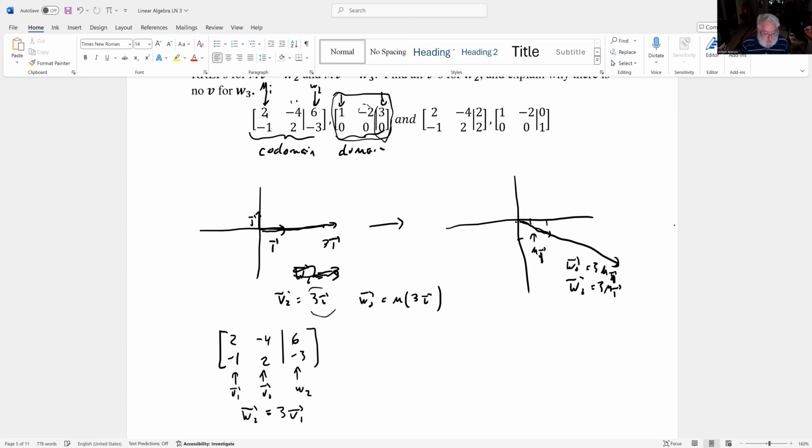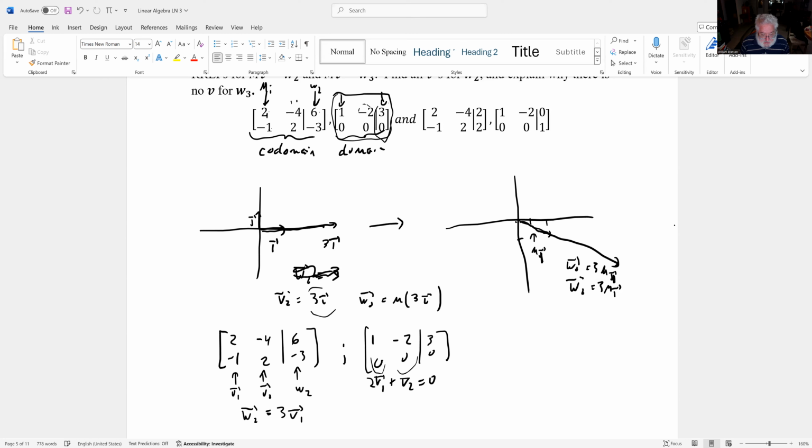Well, we also know, from the reduced row echelon form, which is 1 minus 2, 0, 0, that 2V1 plus V2 equals 0. So if I take twice this vector and that vector, what do I get?